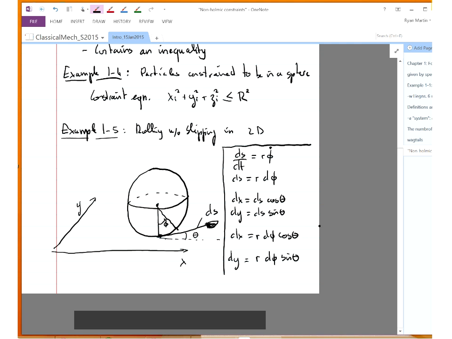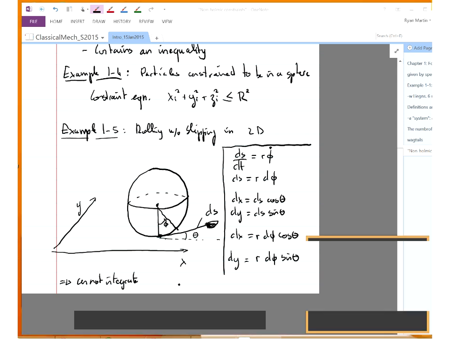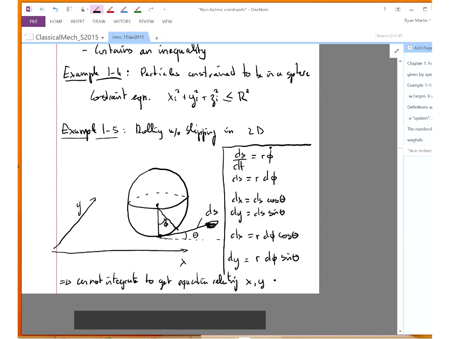You can't integrate these to get an equation relating x, y, and phi. So rolling without slipping in two dimensions is not a holonomic constraint.